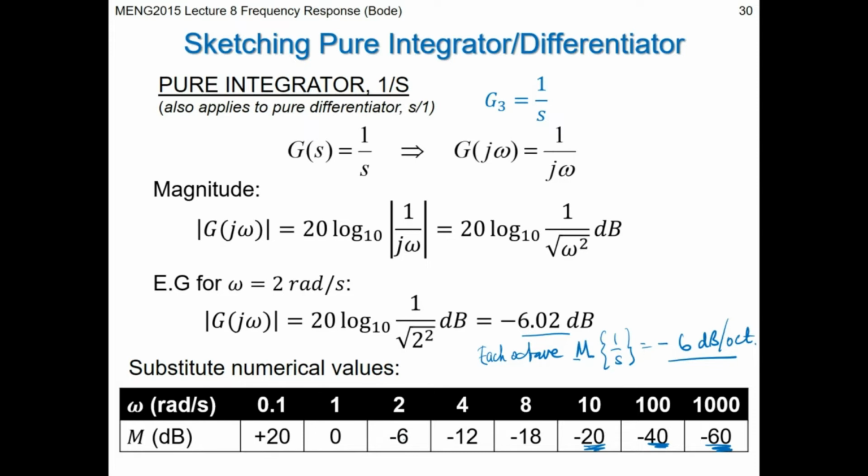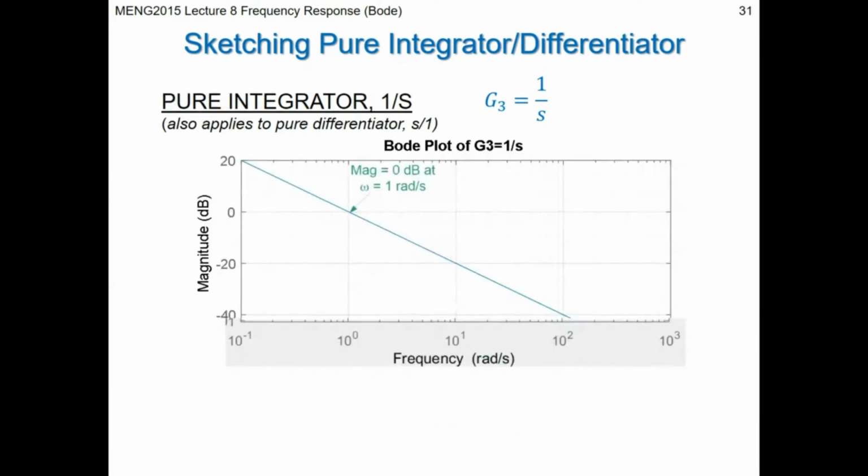Okay, so we've got our behavior of 1 upon s. We can see that in decades or in octaves, in both cases, if we're using that semi-log scale, this is actually a linear relationship. So you're going to have a straight line. This is our decades. This is a log linear plot.